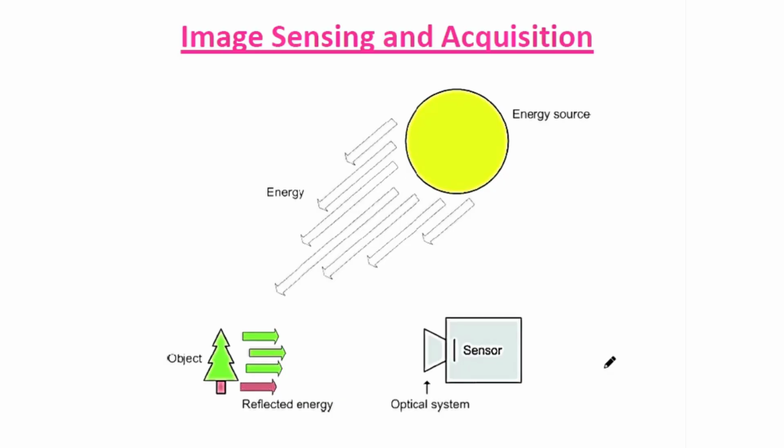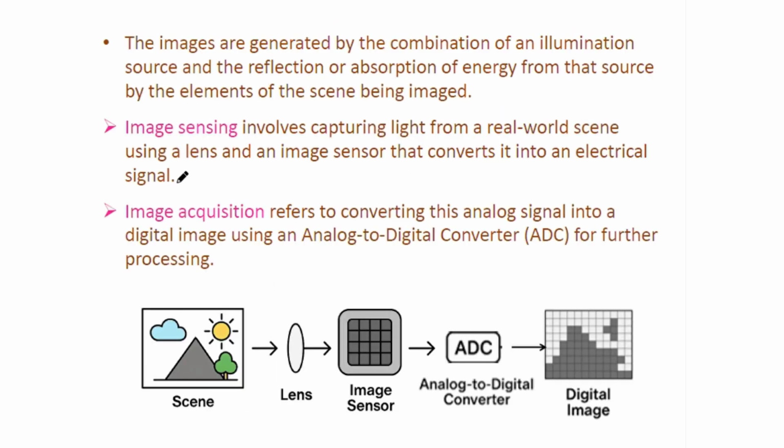This is a simple slide. In detail, the images are generated by the combination of an illumination source and the reflection or absorption of energy from that source by the element of the scene being imaged. So images are generated by two concepts: illumination, and the reflection or absorption of energy.